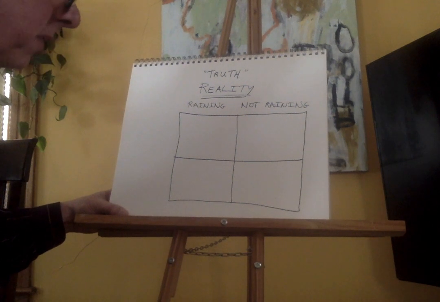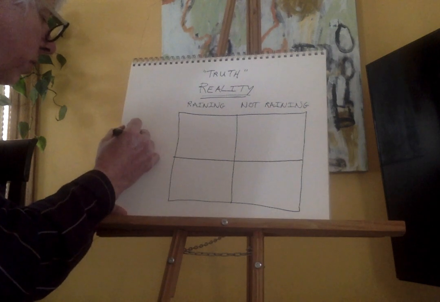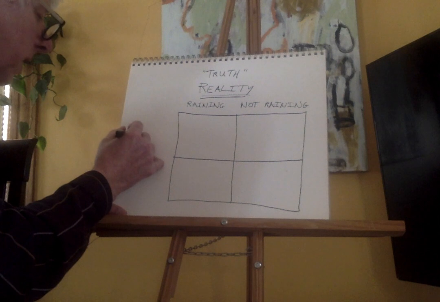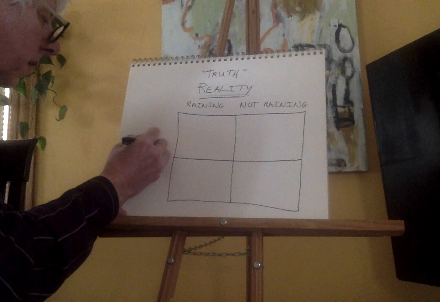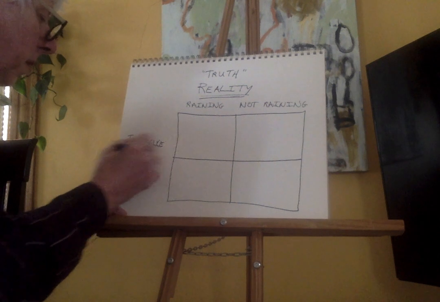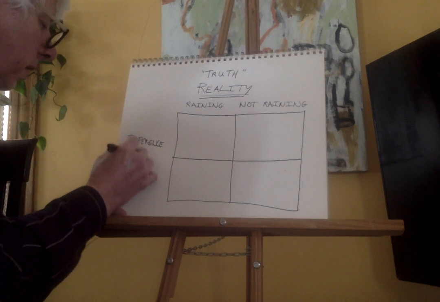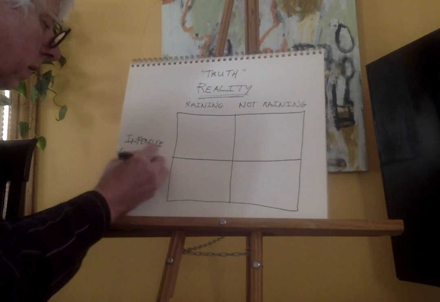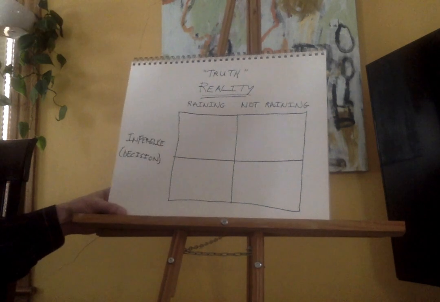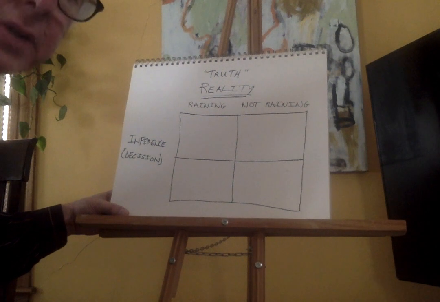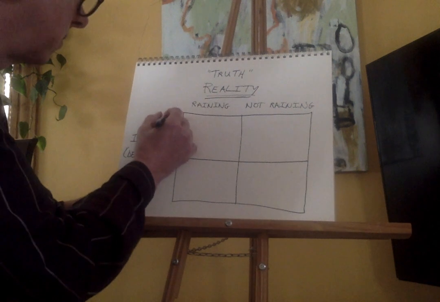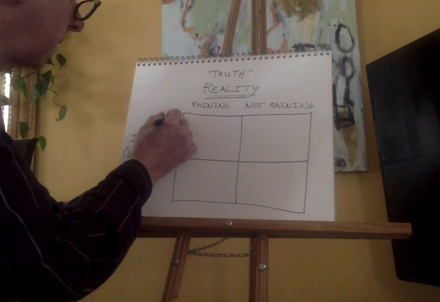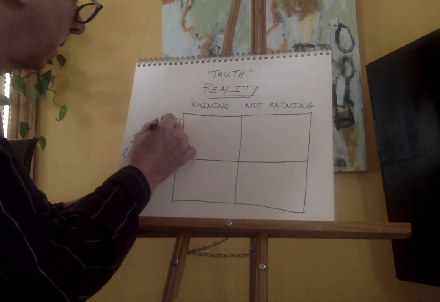Now, the other part of this 2x2 matrix is the individual's, let's say, their inference, okay, their guess, their decision, and so there are two possibilities here as well, and that is the person either says that yes, it is raining.